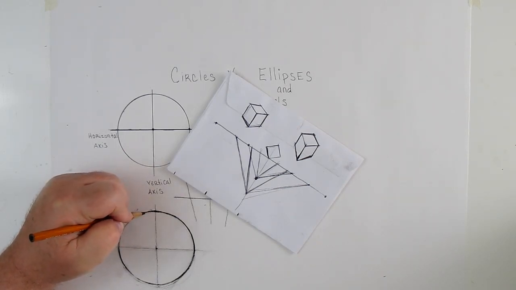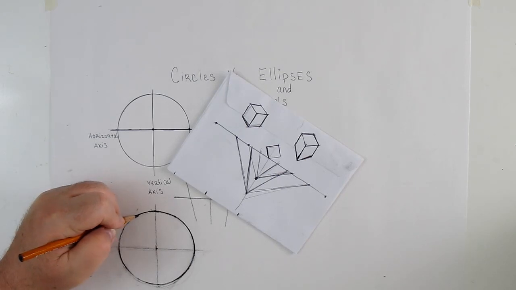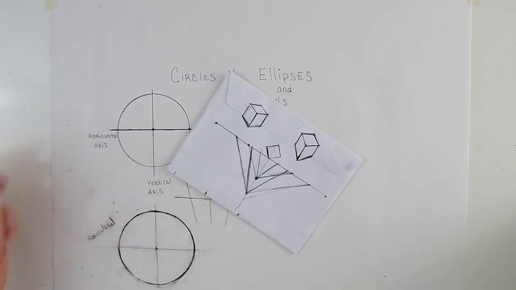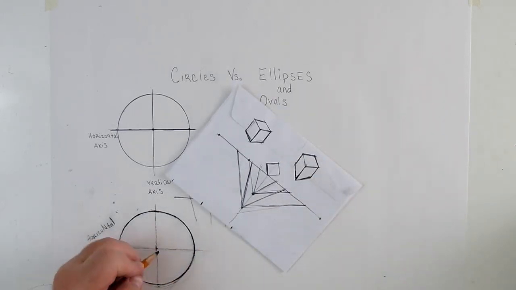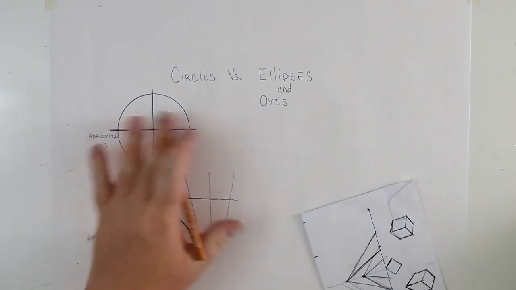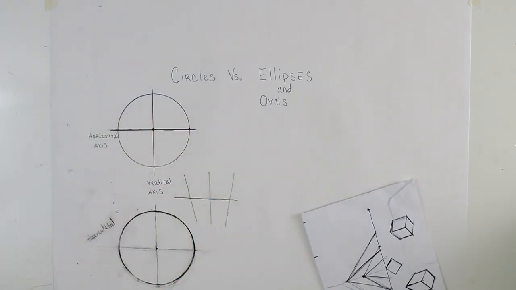But for the camera, you can see charcoal much more easily than you can graphite. Graphite disappears. Even when I was drawing this charcoal very lightly, the major minor axis, hopefully it wasn't too light. But we can use that to bring our circle to a more accurate circle.